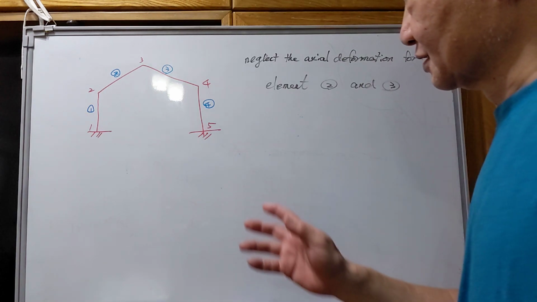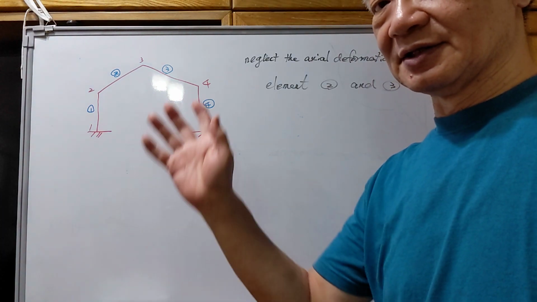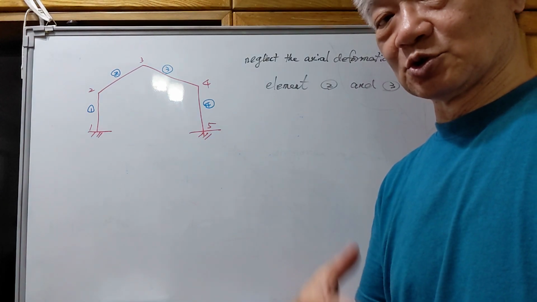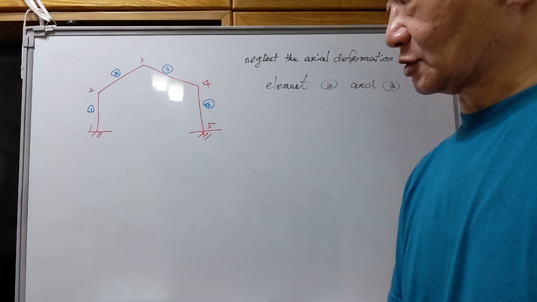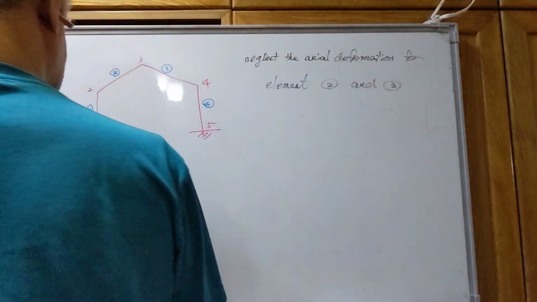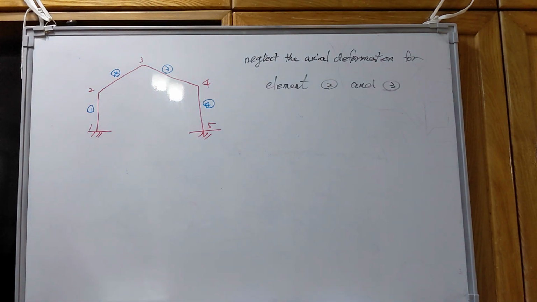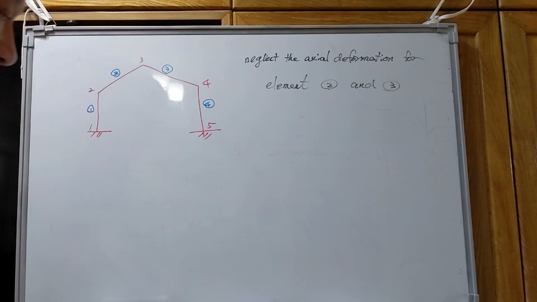Okay, let's continue. How can we solve the inclined elements, but we still have the assumptions about neglecting the axial deformation? In these example problems, we will neglect the axial deformations of element 2 and element 3.